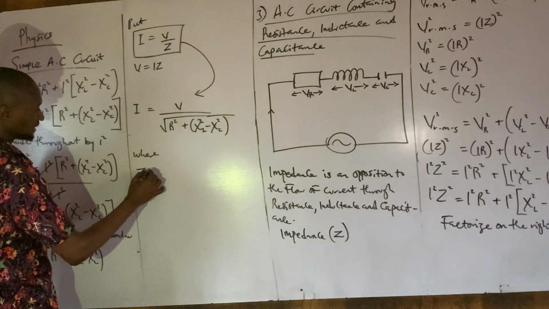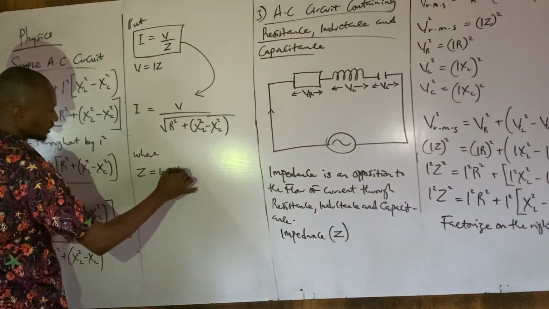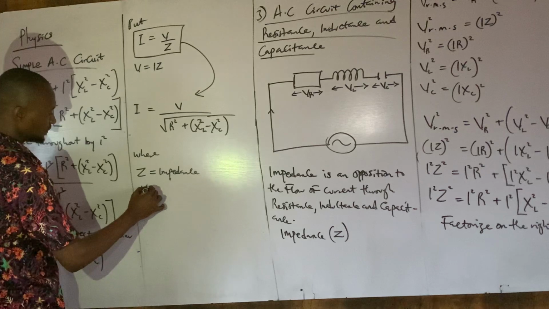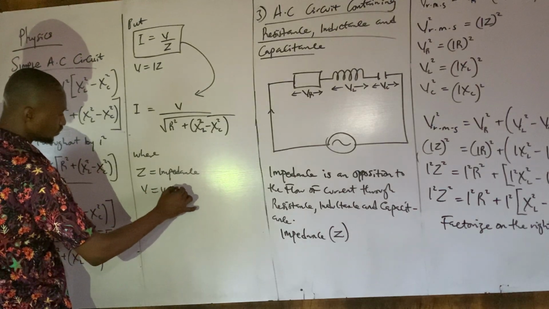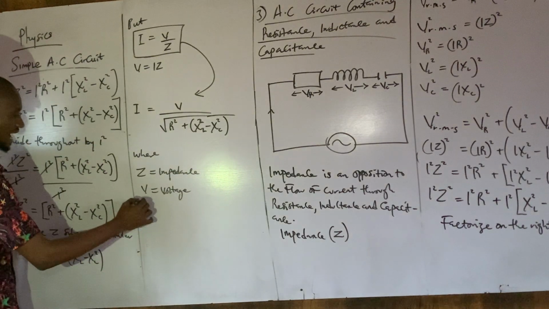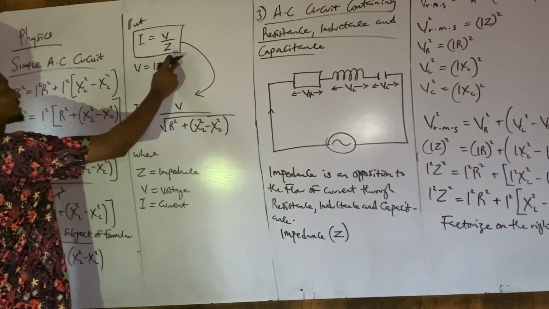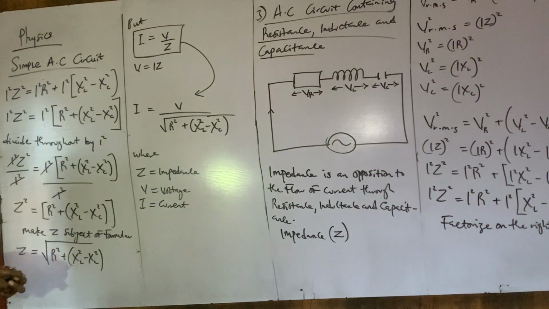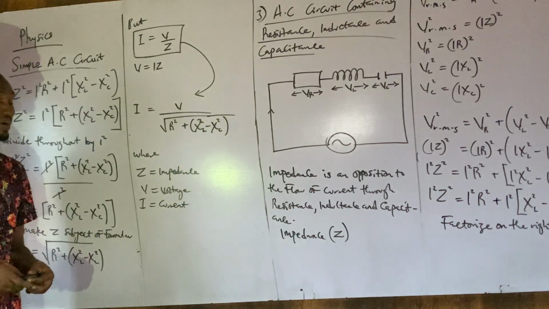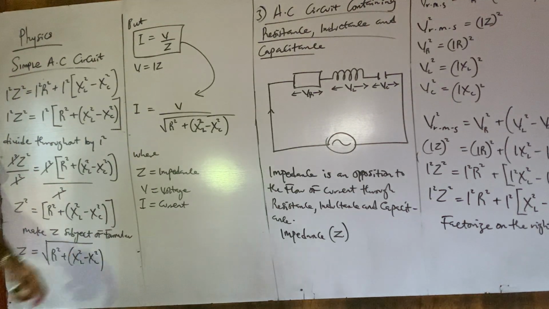Where Z is equal to impedance and V is equal to voltage, are you there? I is equal to current. So this formula is for finding current in an impedance. Do you understand now? Yes.